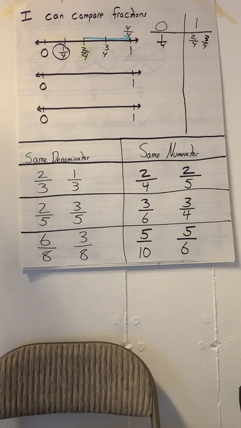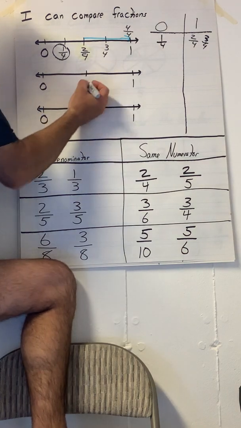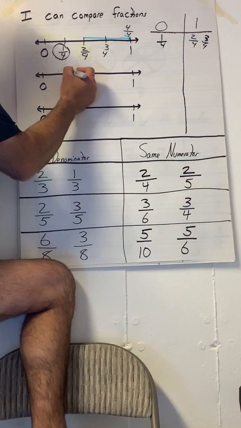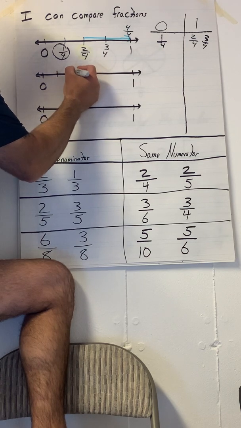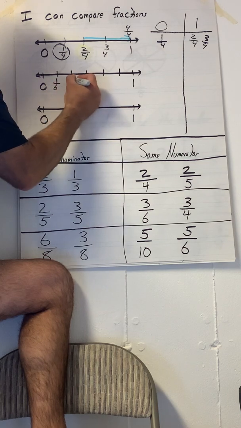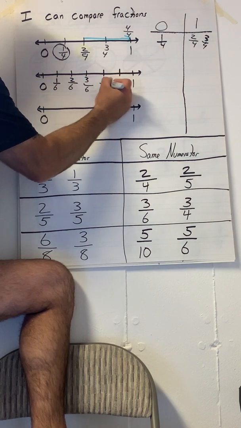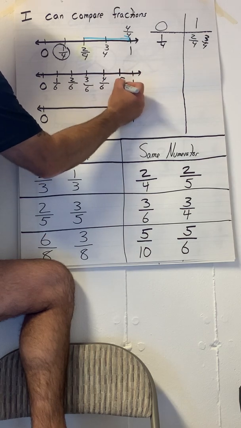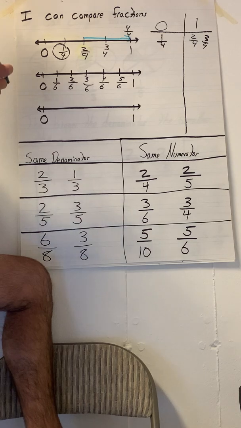Okay? Let's try that again. Say I did it with sixths. I had 1/6, 2/6, 3/6, 4/6, 5/6, or 6/6, or 1. You might ask yourself, what is halfway?